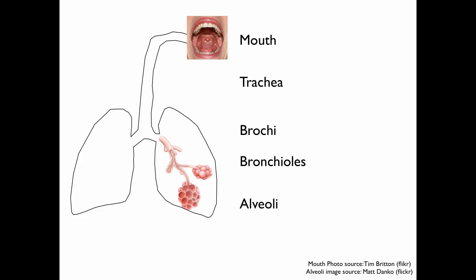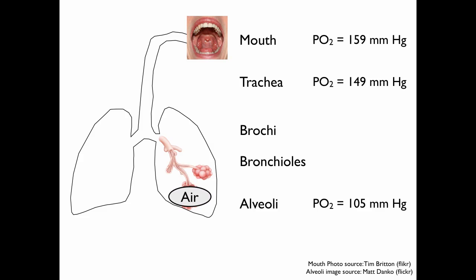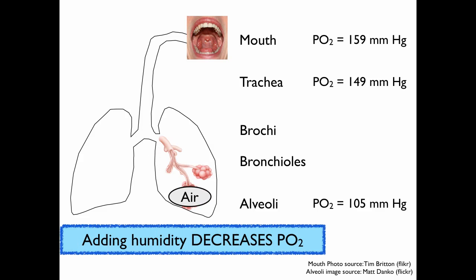If we track PO2 at the mouth, it's about 159. As air comes in through the system, it eventually reaches a PO2 of 105. So the partial pressure of oxygen decreases as the air moves from the mouth into the alveoli. Therefore, adding humidity decreases the PO2.